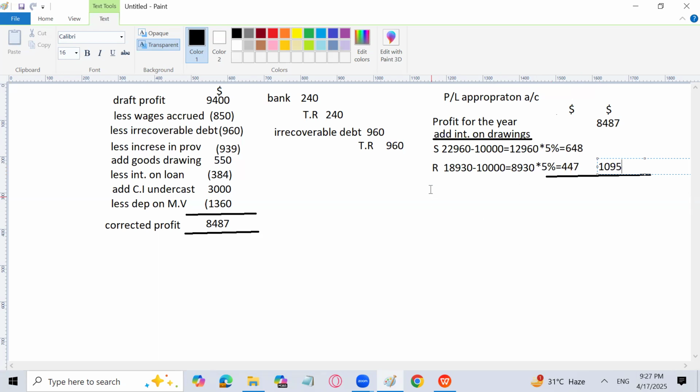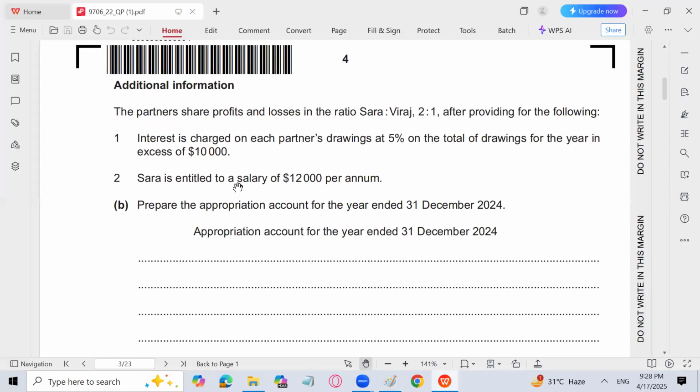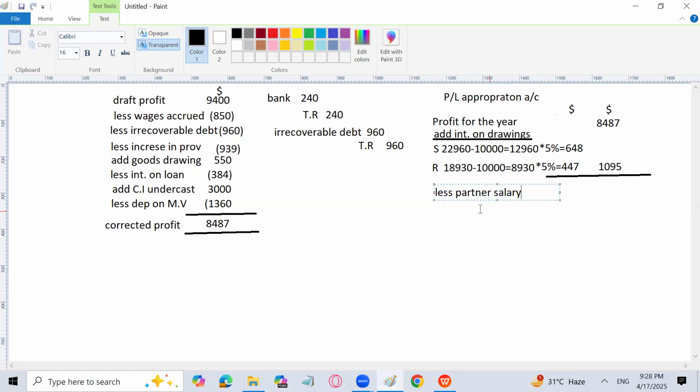So whatever the amount is going to be now, less partner salary. You can check the corrected profit again. Partner salary is given to Sara only, and that is 12,000. So I will write here Sara, and that will be subtracted. If you want to use the bracket, you can, otherwise it's fine.